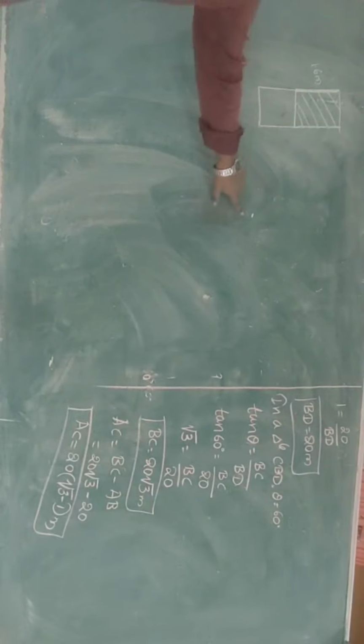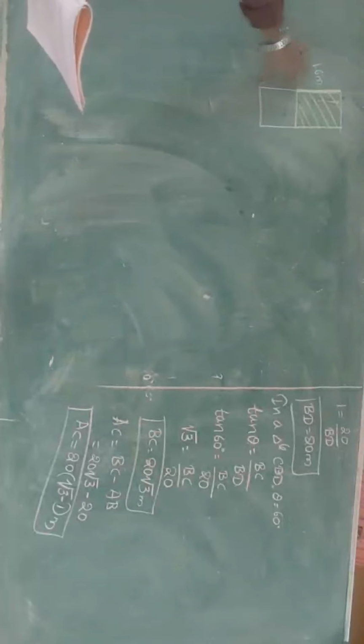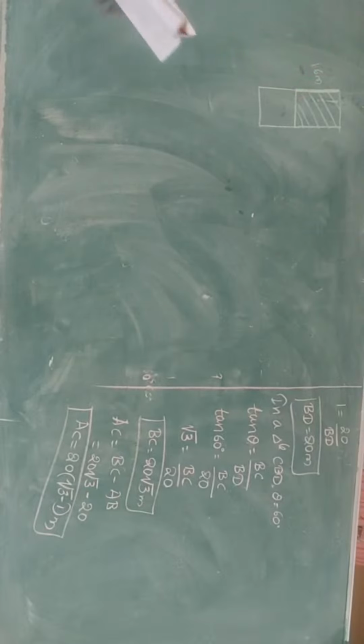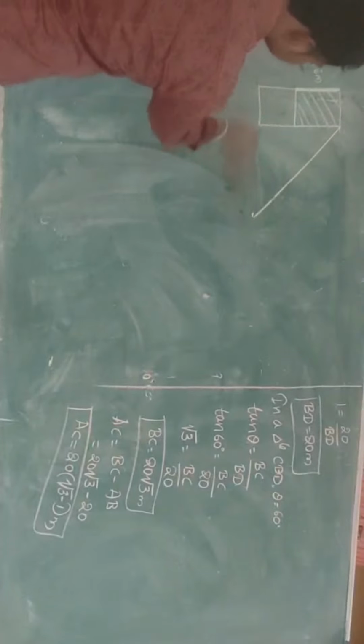There is a point on the ground. A statue standing on a pedestal. The height of the statue is 1.6 meter. From a point on the ground, the angle of elevation of the top of the statue is 60 degrees.